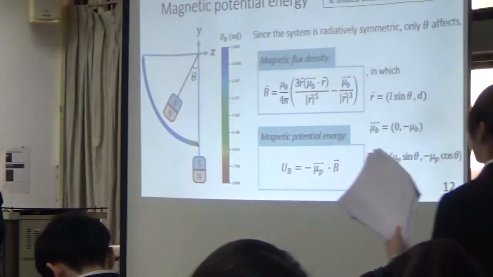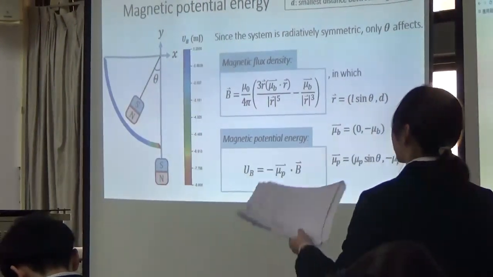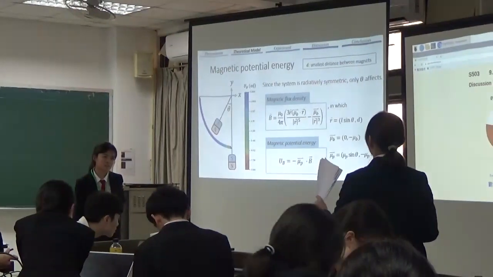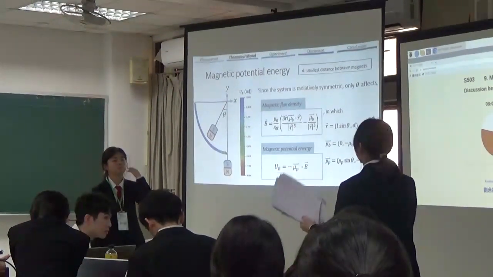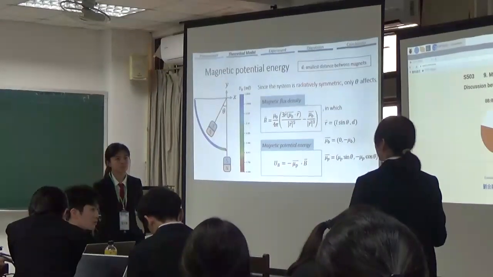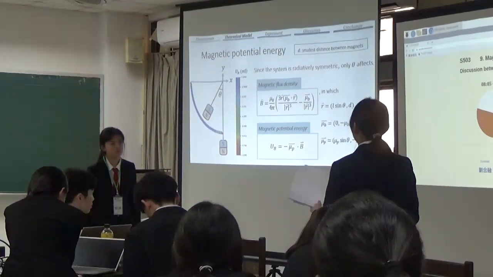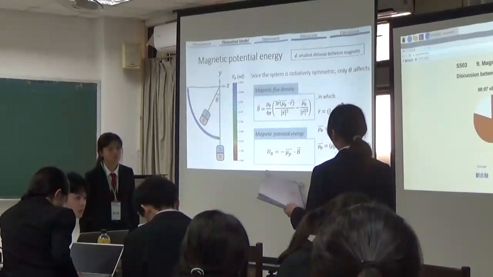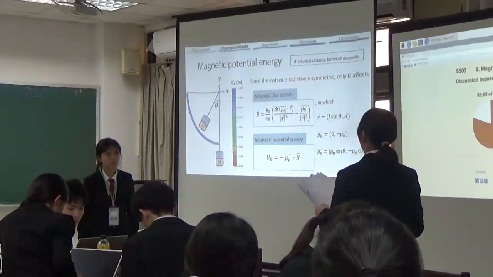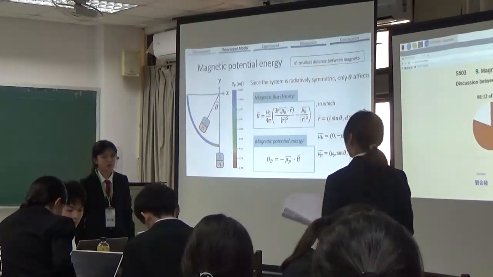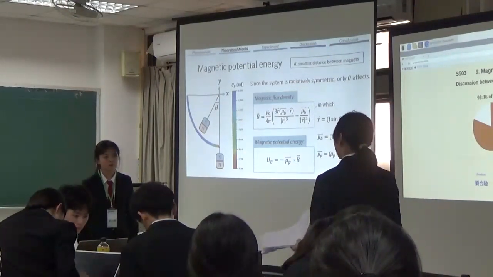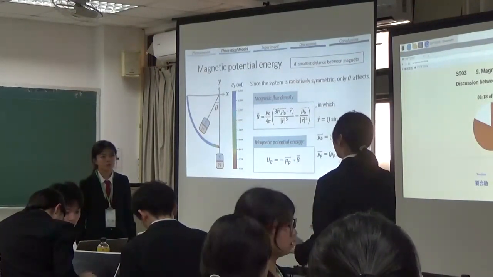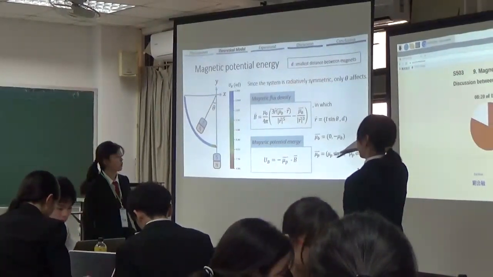So in your experiment, you regard the magnet as the center of mass, right? Yes. And how can you calculate the magnetic field? Because magnetic fields might not be all the same in your experiment. So how can you calculate it?